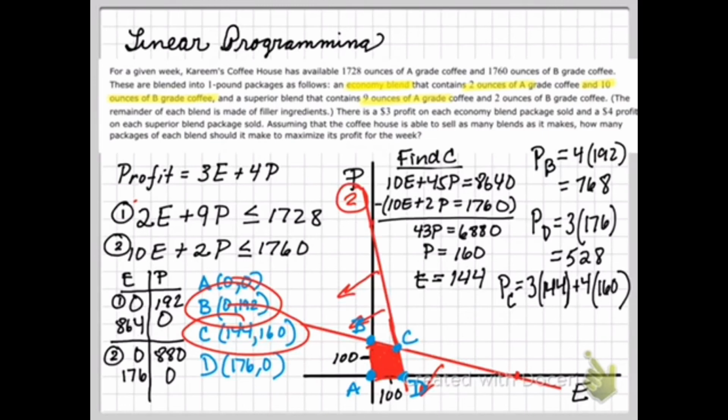So let's calculate that. And we get, as expected, 1,072 is the greatest profit that we can make.